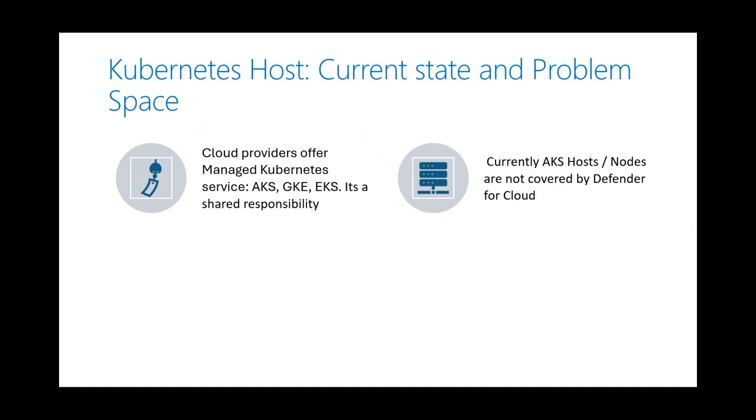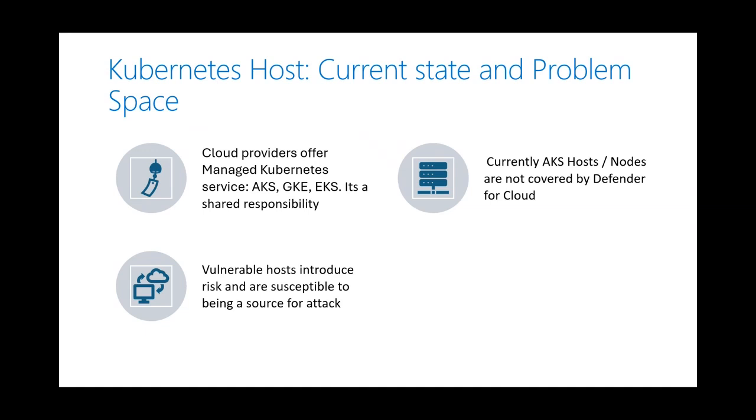But previously, the AKS hosts and nodes were not something that was covered by Defender for Cloud. And we know that vulnerabilities in the host could introduce risk, which are susceptible to being a source for the attack. And we know that it's possible for the host to not be compliant.